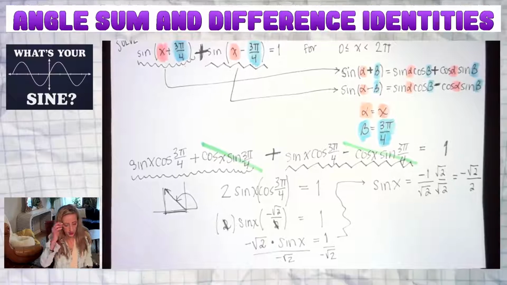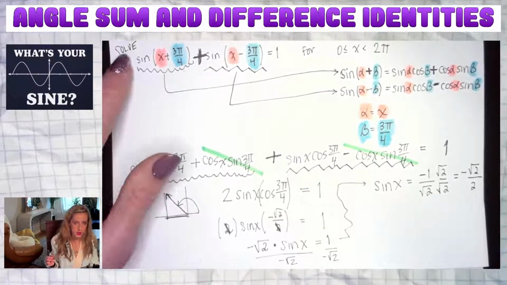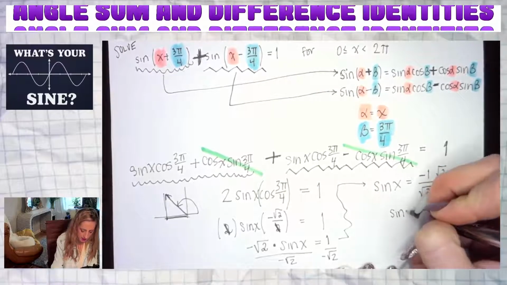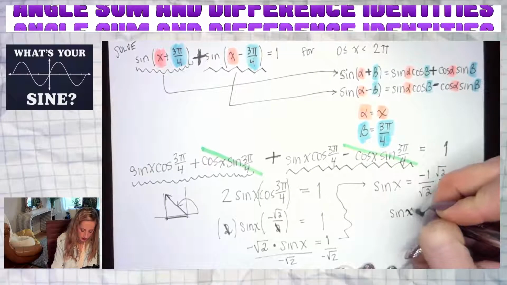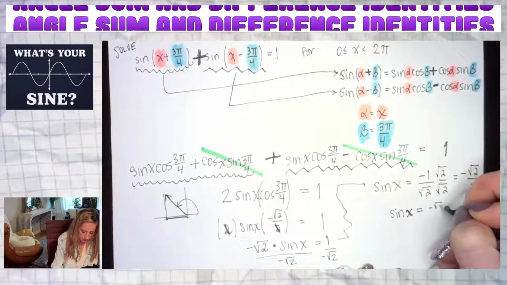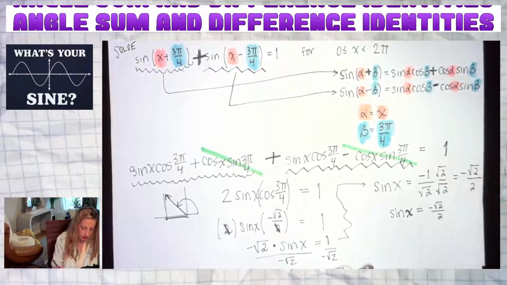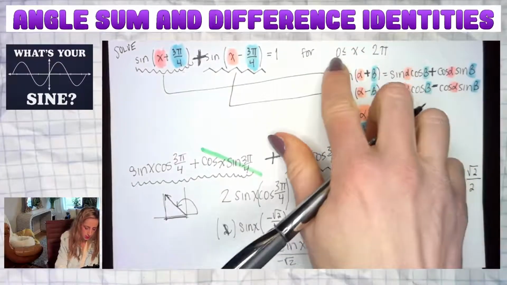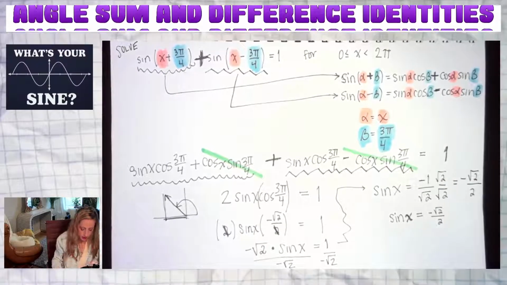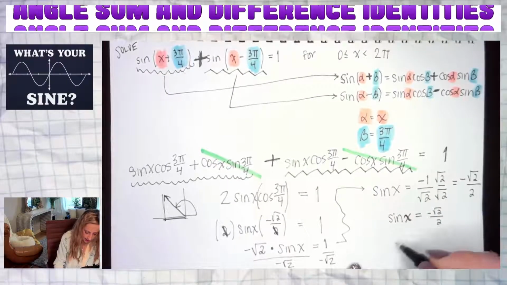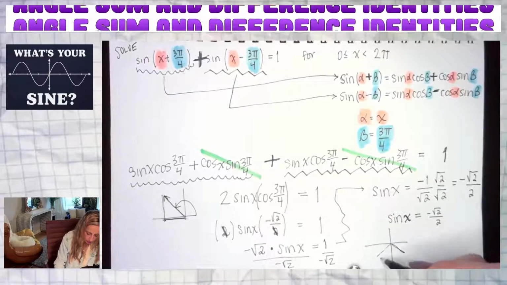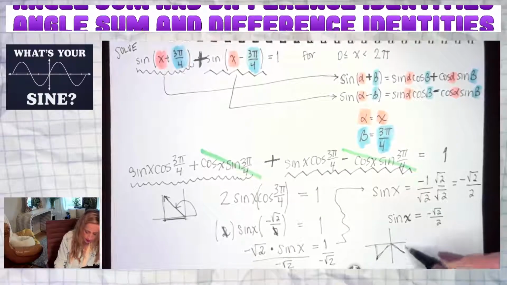Now, remember, the directions are to solve. So we are wondering the sine of what angle, x representing an unknown angle, is equal to negative root 2 over 2 for x between 0 and 2 pi. Where on the unit circle is the sine, which is your y value, equal to negative root 2 over 2? So down medium, down medium.